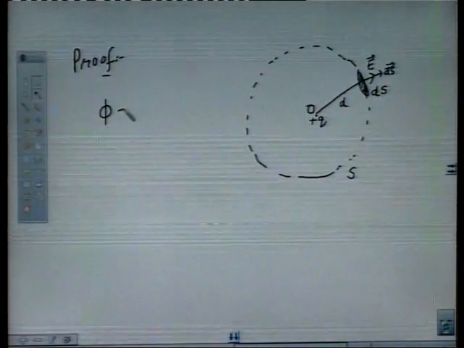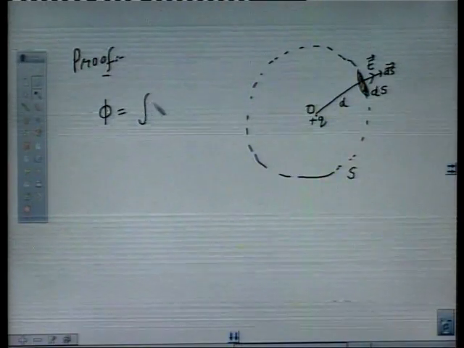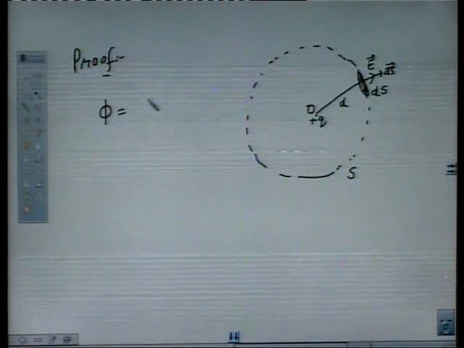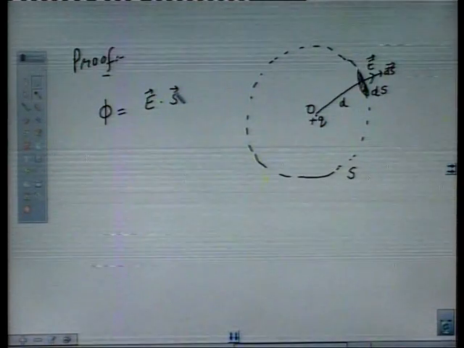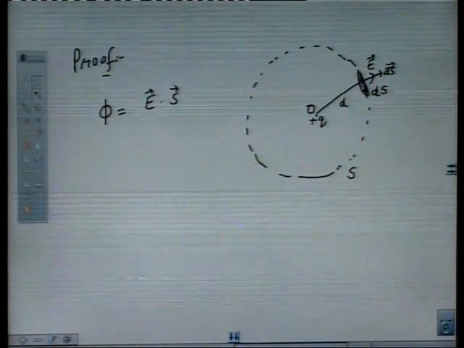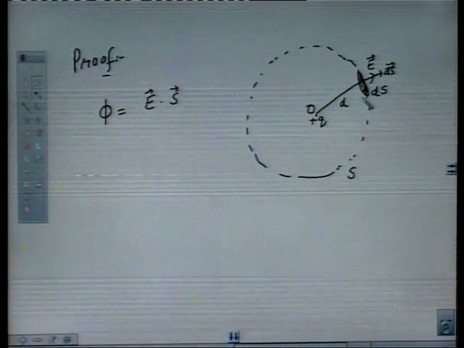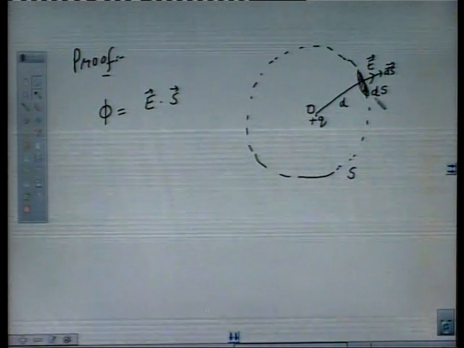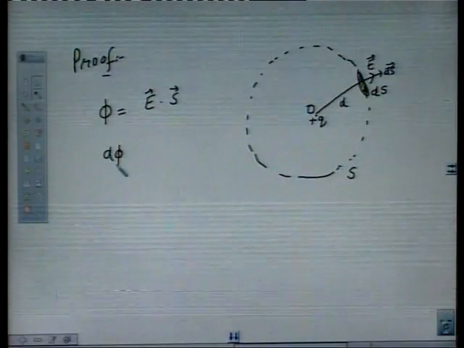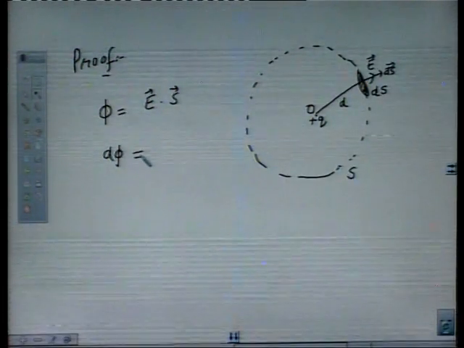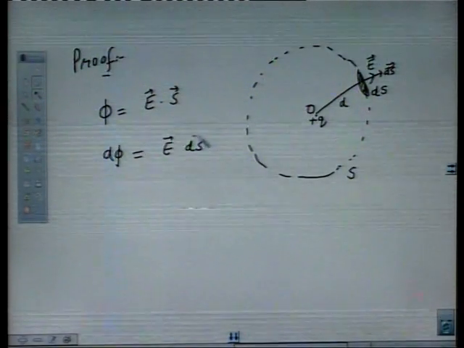Now, we know that flux phi is equal to E vector dot S vector. This is the definition of electrical flux. Suppose we have to calculate the small electrical flux through the surface area ds. This small flux is given as d phi, which will be equal to E vector dot ds vector.